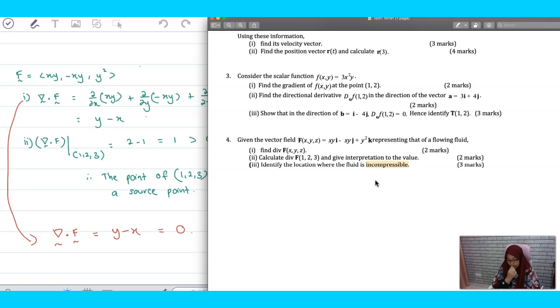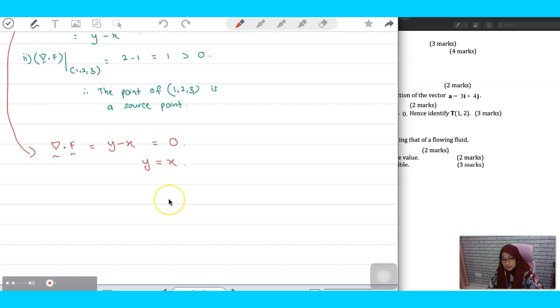So in this case you can say that y equals x. Back to the question: identify the location where the fluid is incompressible.